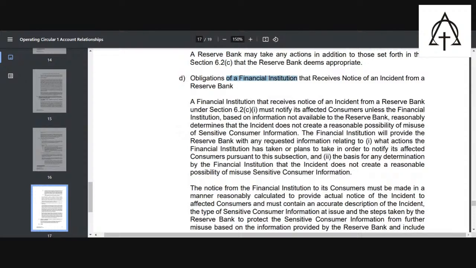Obligations of a financial institution that receives notice of an incident from a Reserve Bank. A financial institution that receives notice of an incident from a Reserve Bank under 6.2ci must notify its affected consumers unless the financial institution, based on information not available to the Reserve Bank, reasonably believes that the incident does not create a reasonable possibility of misuse of sensitive consumer information.